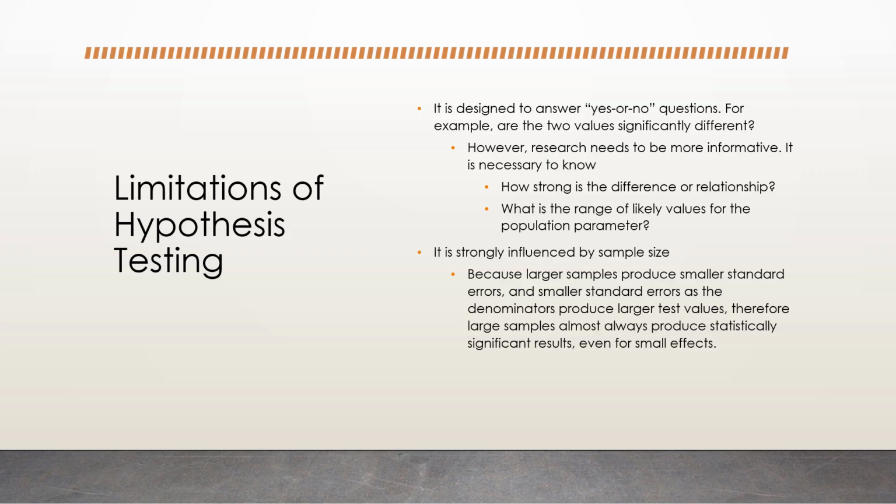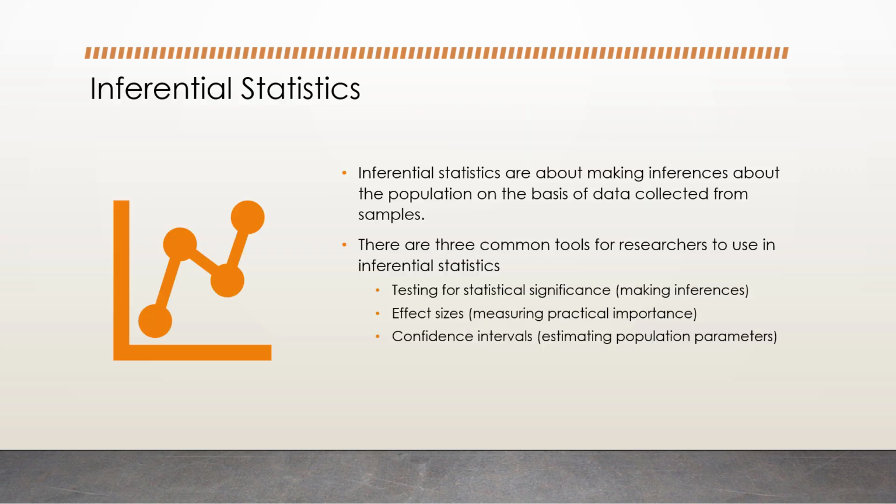Larger samples produce smaller standard errors, which in turn produce larger test values. This means if samples get sufficiently large, a test could almost always yield statistical significance, even when the effect is very small. To address these issues, 2 additional tools are used in inferential statistics: effect sizes and confidence intervals.